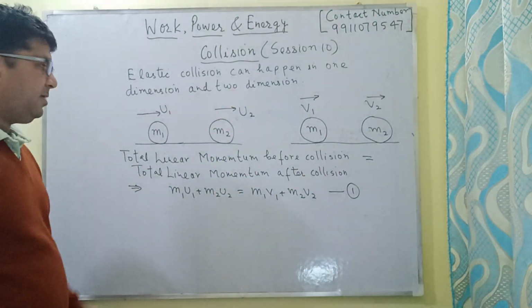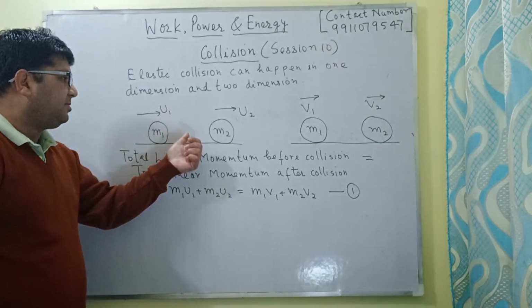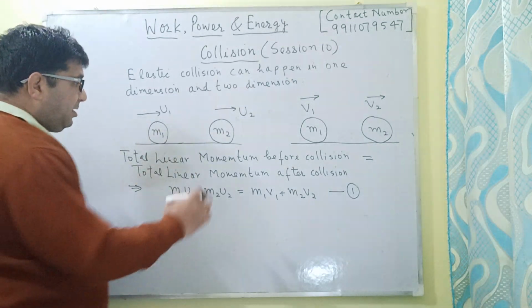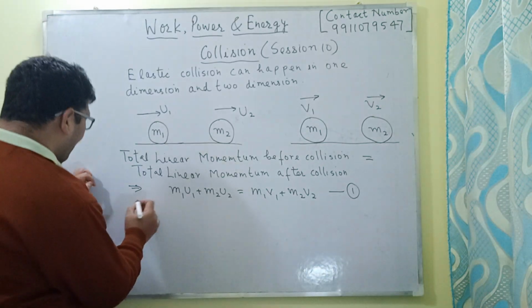Now in the case of elastic collision, the total kinetic energy also remains the same. That is, the total kinetic energy before the collision is equal to the total kinetic energy after the collision.